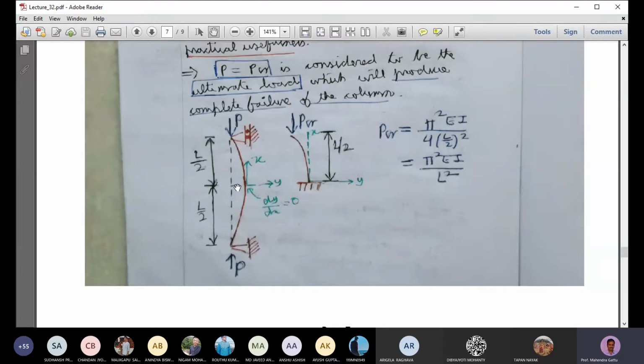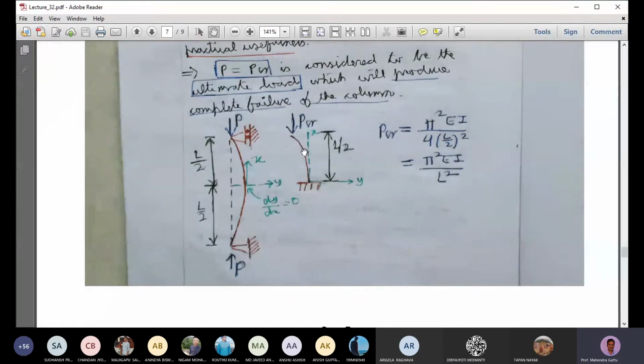So this will be the line of symmetry of the deflected curve. So we can treat the part above the line of symmetry in this fashion. There the slope we can treat to be 0. So here we treat this as the x-axis, the slope there is 0, and we have that applied load P, and that P is the P critical.